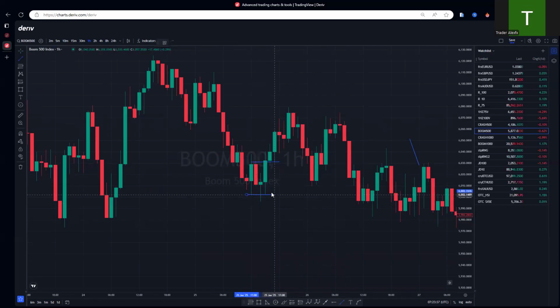We have the low, then there's the liquidity. Then after, it's going to go up. We're using three candlesticks. The high, the low. You see that after that, it's bought. You understand?